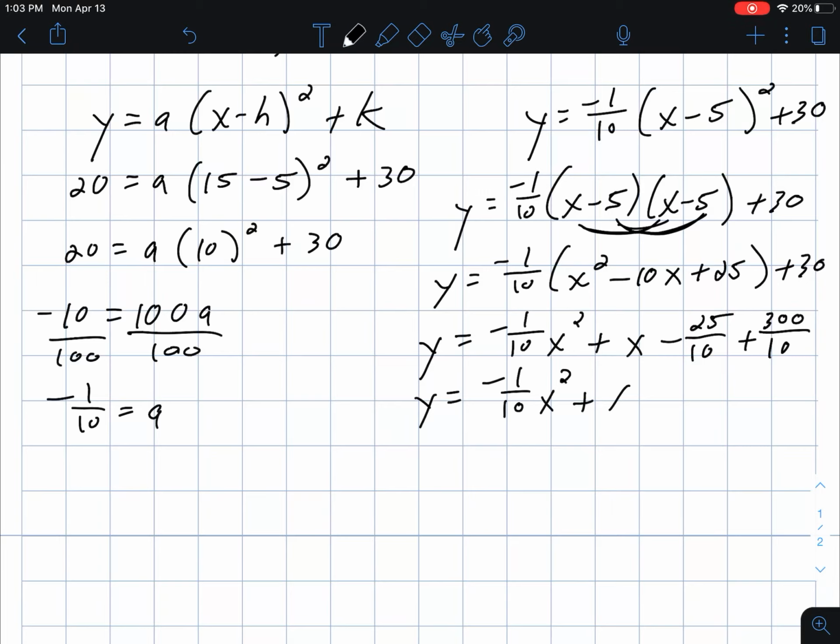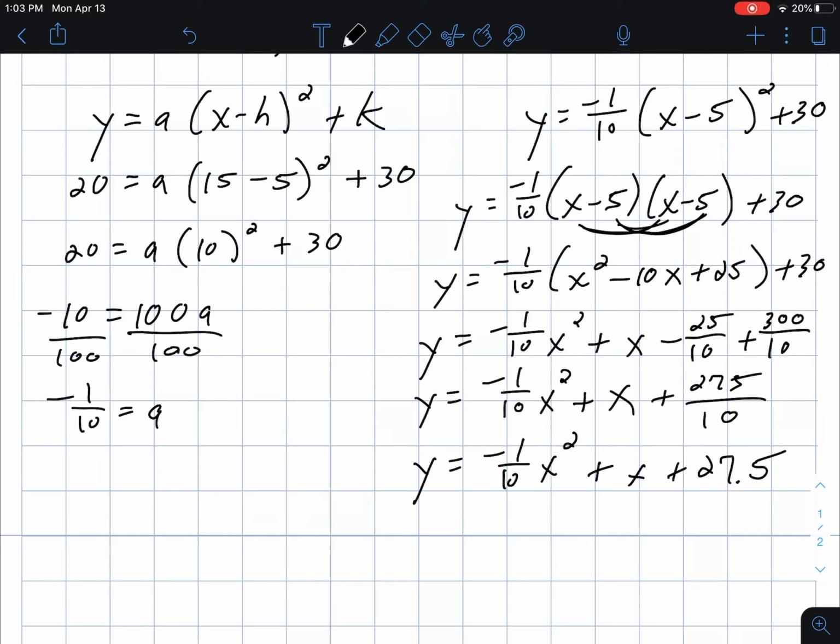So that's plus x, and then this would be a 275 over 10. Now, since we're talking about real numbers, let's leave that as it is, but let's go ahead and make this a decimal because that'll make a little bit more sense for us.